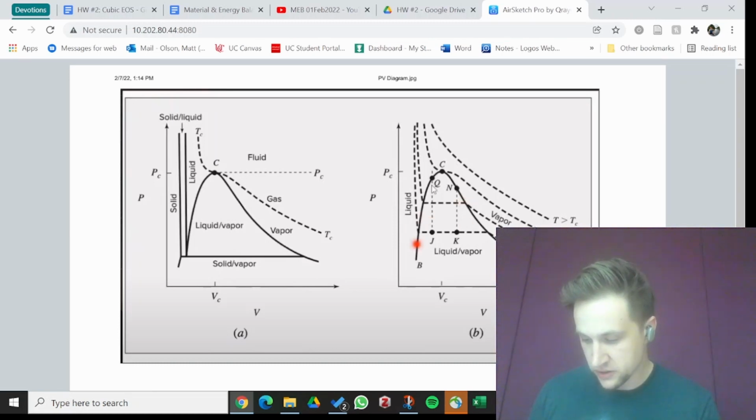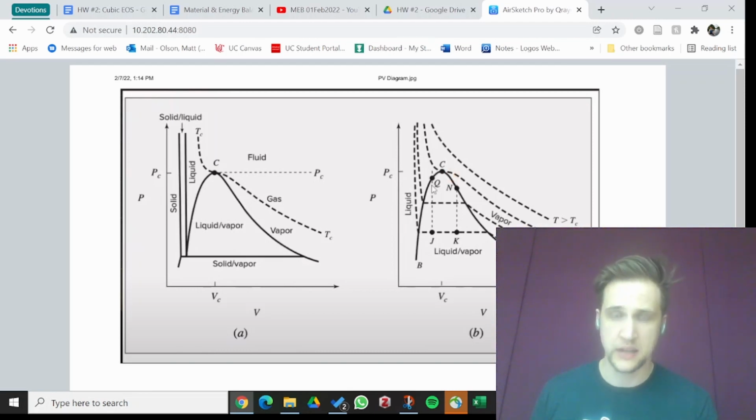But as the pressure increases up this line of equilibrium, the difference in the volumes that each state is taking up becomes much smaller.